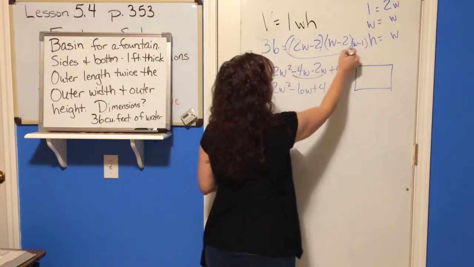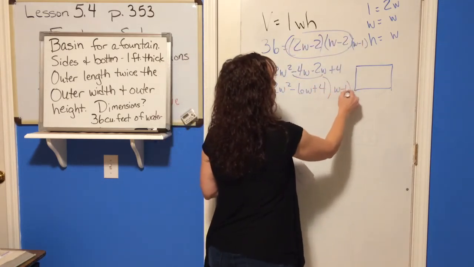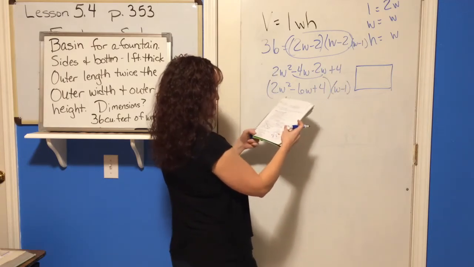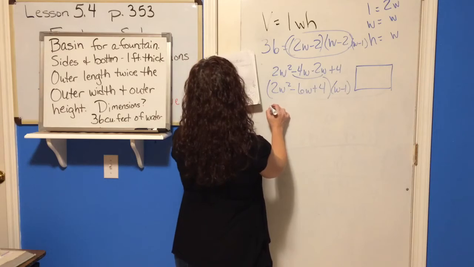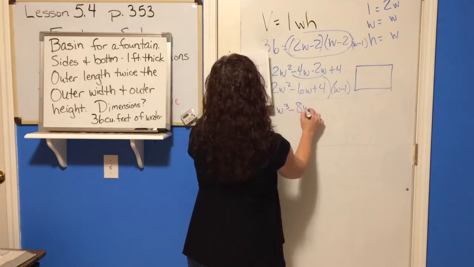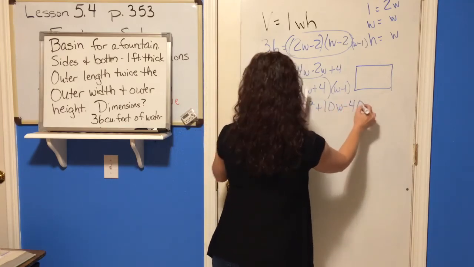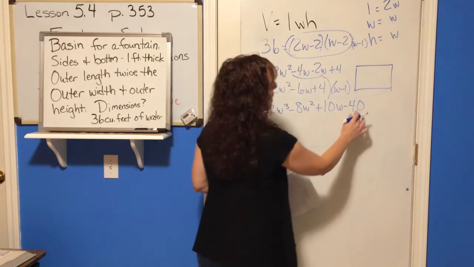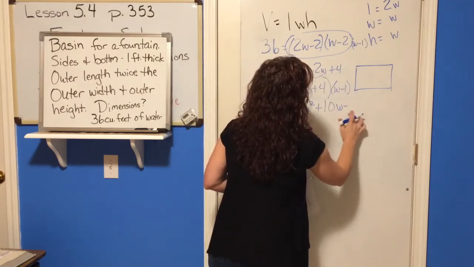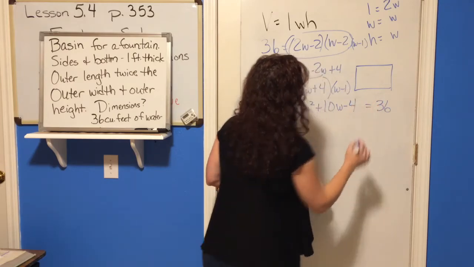That's multiplying these two together. Then you multiply that by the W minus 1. So once you multiply it all out, you're going to get 2w cubed minus 8w squared plus 10w minus 4. Oh, wait, I said minus 40 because I took the 36 already. So we're going to be minus 4.